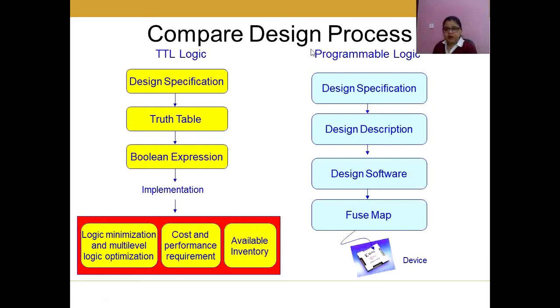But if we talk of programmable logic, things have become very easy. If we have a design specification, then we go for the design description, then the software, and just fuse and map. So the device is ready to use. With only a few programming steps and interfacing between the software and the hardware, we can have the device ready for use.